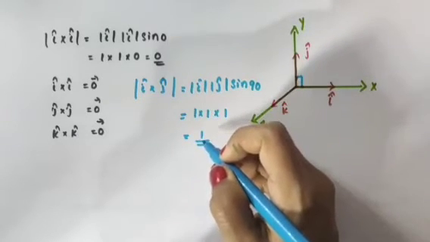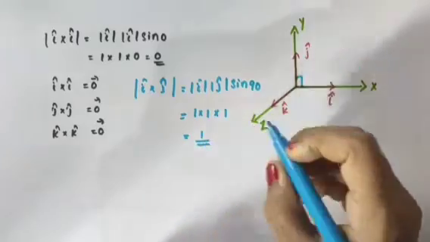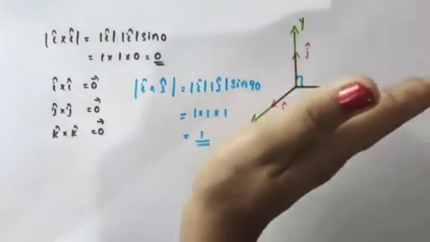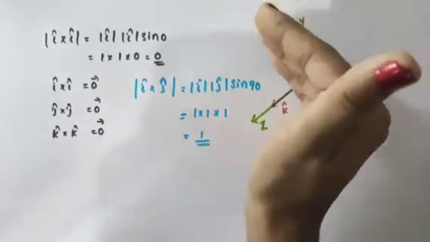We know that A cross B gives the product of those vectors, correct? So here let us check. When I hold it like this and check, see the direction is like this, and when I rotate it I get the K direction.